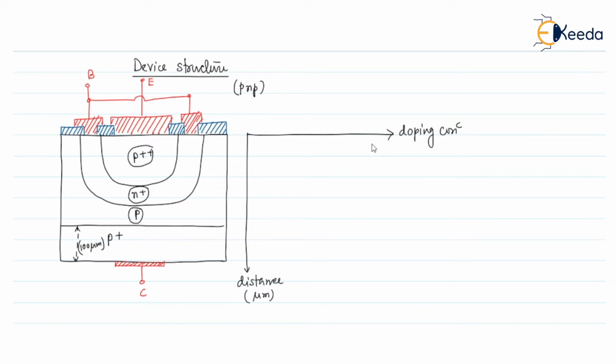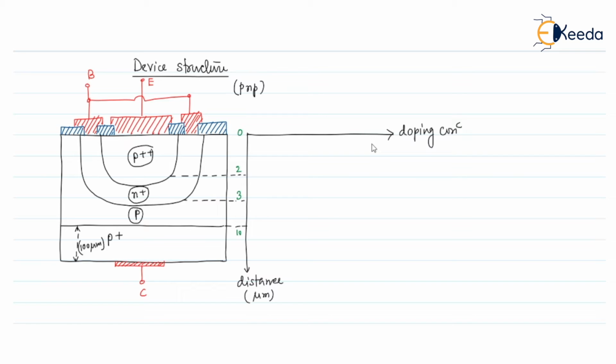Next, let us see the doping concentration here. It looks like this: the emitter region is near about 0 to 2 micrometer, the base will be 2 to 3 micrometer, and the collector is 3 to 10 micrometer.